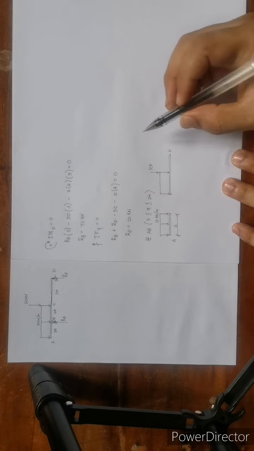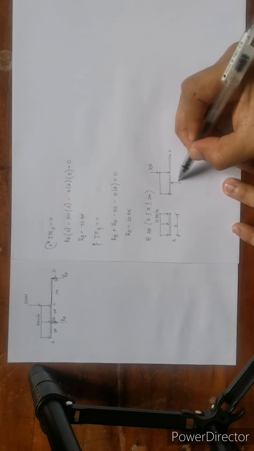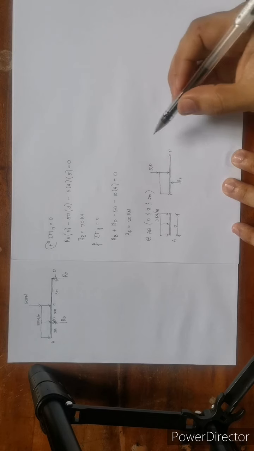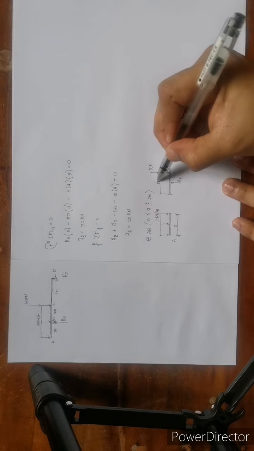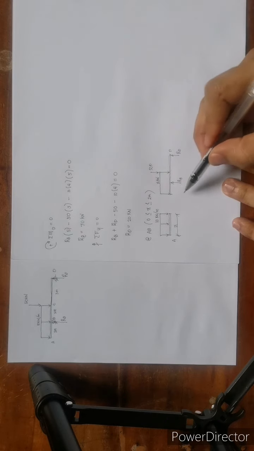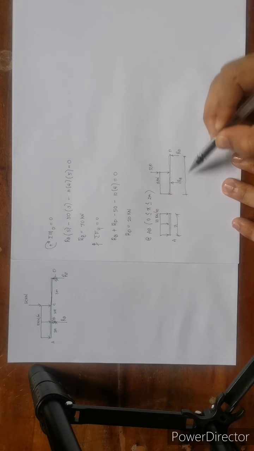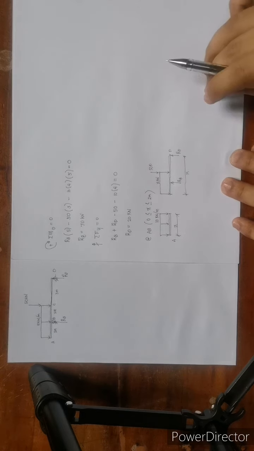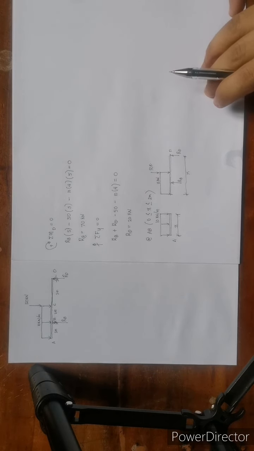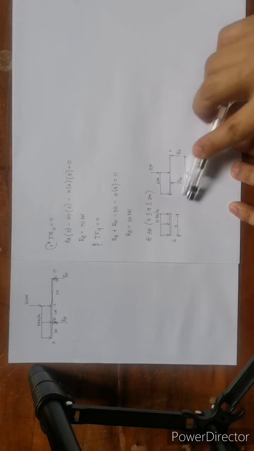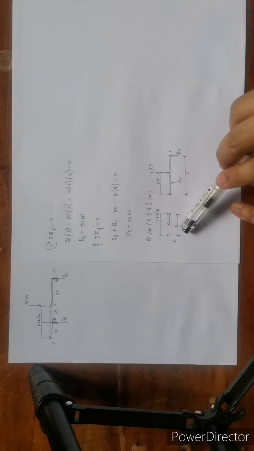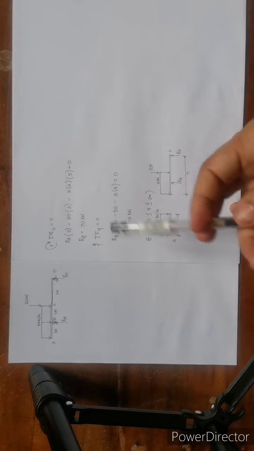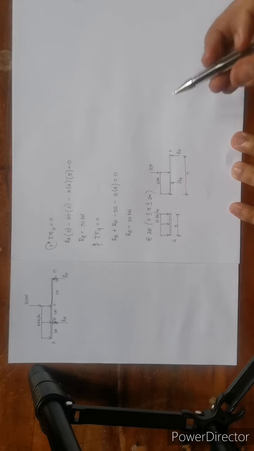This is point P. Meron tayong reaction at point B. And reaction at point B. This is 10 kilonewtons. Ito yung magiging X po natin. So, mas madami po yung force na i-consider natin. So, hindi po natin yun i-consider. Mas simple po yung loadings natin dito sa ating left side section.